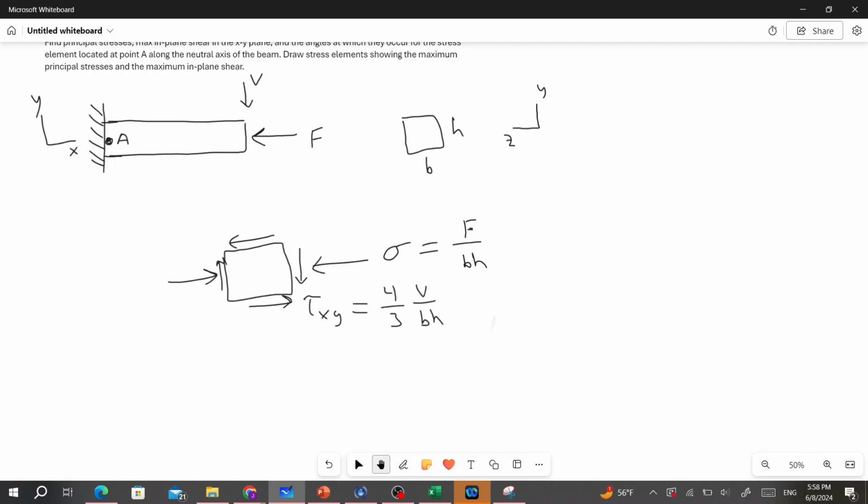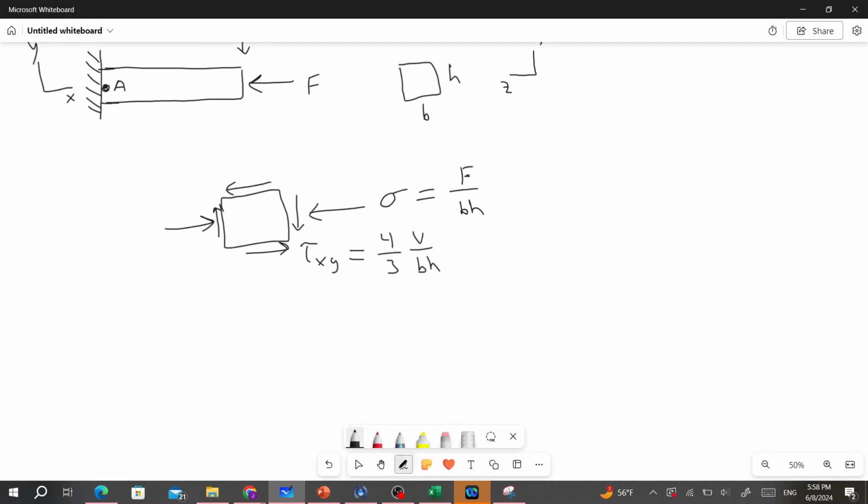First thing we're going to find are the principal stresses, and we're going to use the equation for principal stresses that are in the lecture notes.